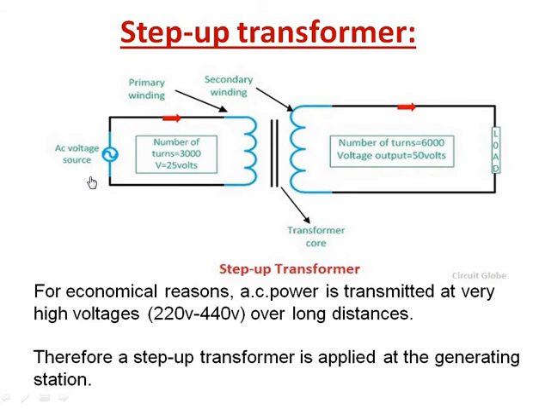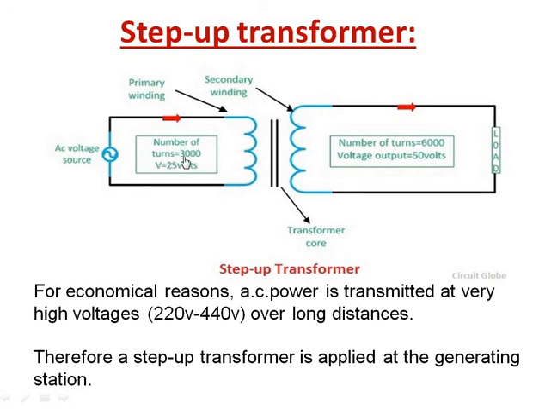So this is the step up transformer. Here the input alternating current is provided to the voltage source. Here this is the primary winding, this is the secondary winding. We are comparing this primary with the secondary winding. The primary has a small amount of winding when compared with the secondary winding.